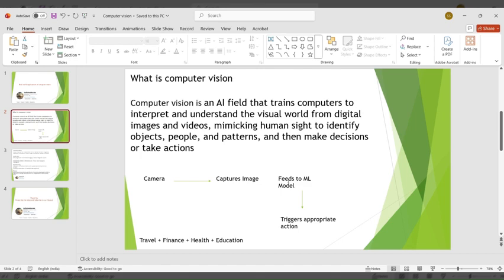Suppose you are feeding an image and you are asking an ML model what is the object in the image, right? So if it is a cat or a human being or an alien, the ML model has in the past been trained with a huge number of different images, right?